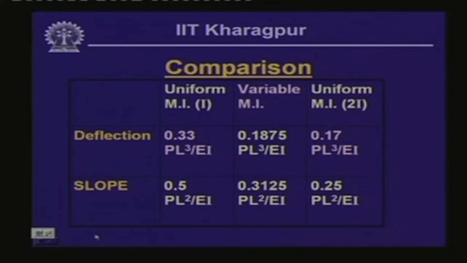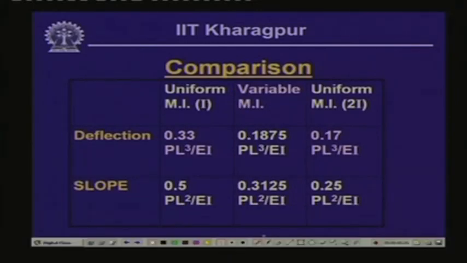Now, let us make a comparison of these values to get an idea of what physically changes because of this non-uniform moment of inertia. When you have uniform moment of inertia I throughout, the deflection was PL cube by 3 EI, which is 0.33 times PL cube by EI.